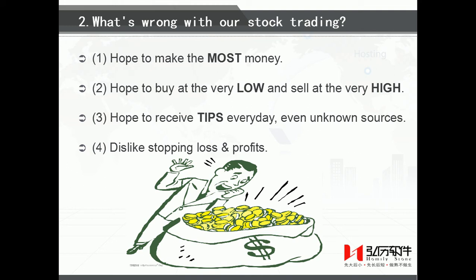So how to stop profits? Now it's time. So you should know these four points. Actually, as retailers, we have these four problems. So we need to think of some methods to solve the problems, right?